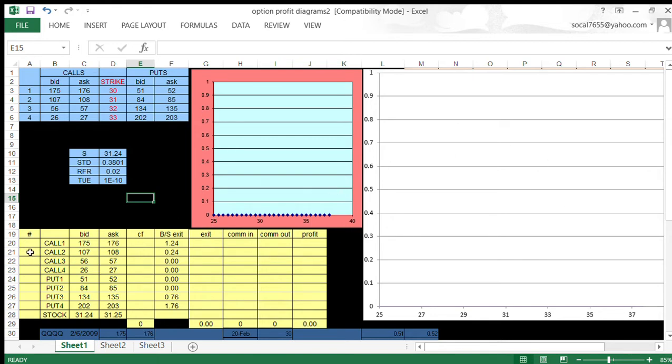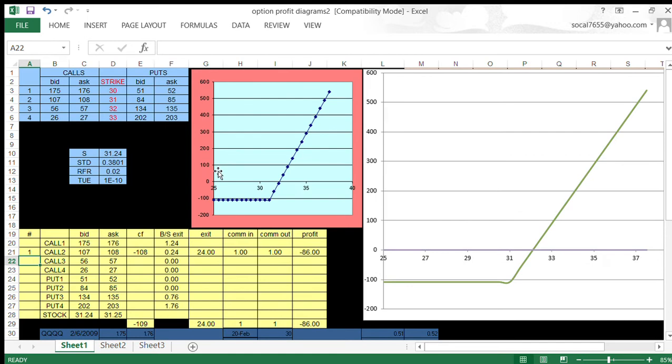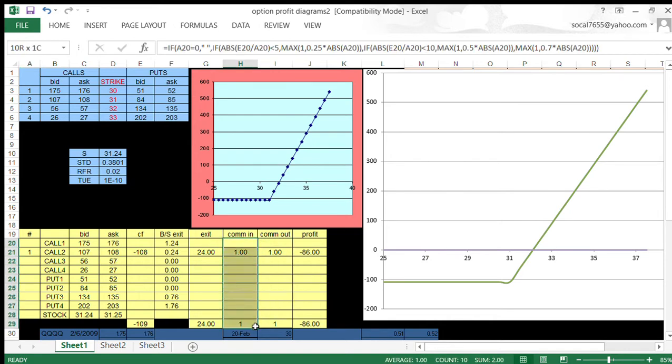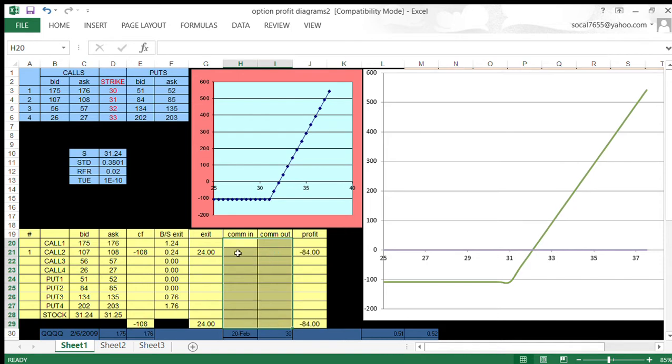Some basic review. Let's say I go long 1, call 2. There is the profit diagram. Here we're showing a cost of 108 to buy it. Let me turn off the commissions, because there's no reason for us to have those in there now.